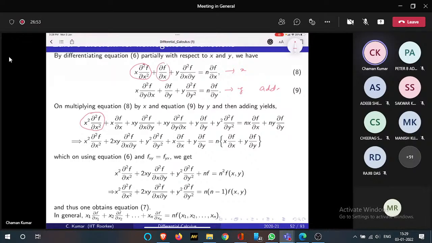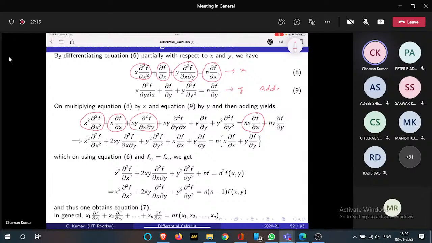This term will be x times the first order partial derivative. You write it here. This term will be x into y times the second order mixed partial derivative. You write it here. And the right hand side will be n into x times the first order partial derivative. You write it here.